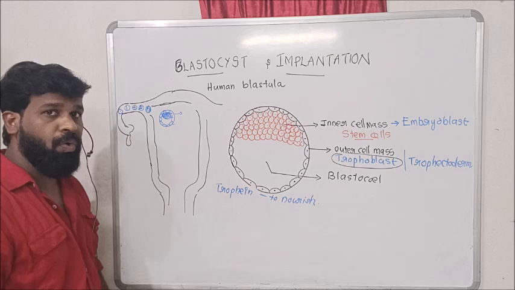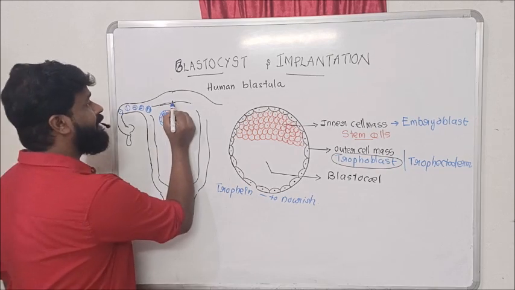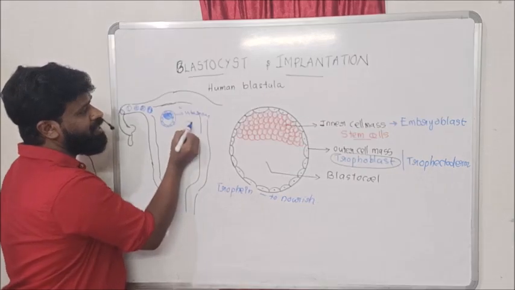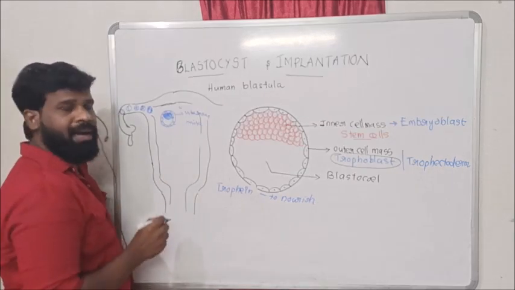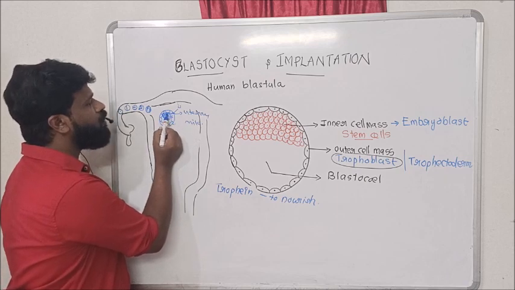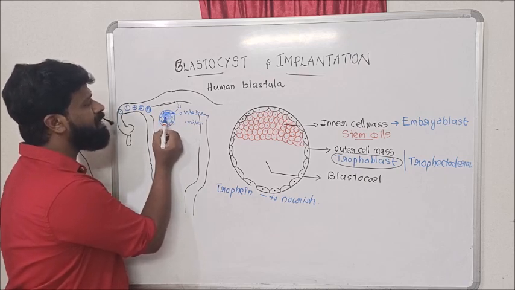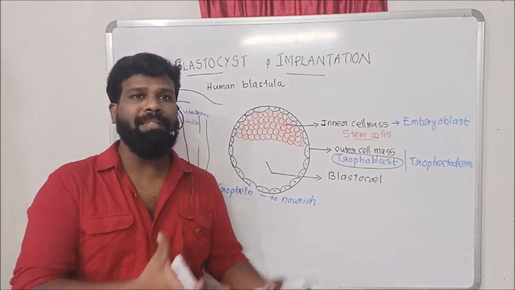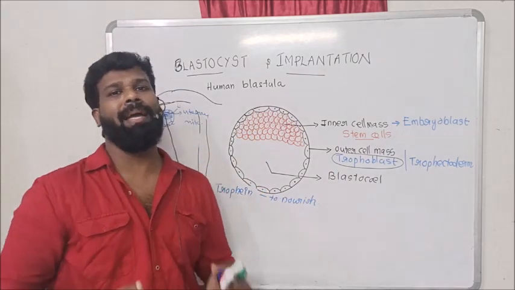Before implantation or before the formation of placenta, the endometrium secretes some uterine milk. That nutritive milk is absorbed and transported to the inner cell mass, the embryonic cells, by the trophoblast.